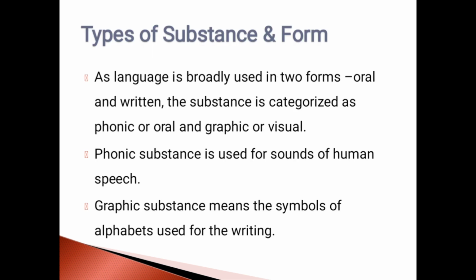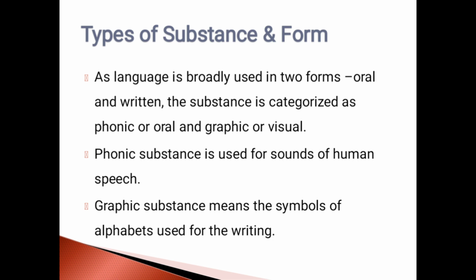What are the types of substance and form? As we have discussed, language is broadly used in two forms, oral form and written form. The substance is categorized accordingly. When the substance is used in the oral form of language, it is called phonic substance or oral substance.